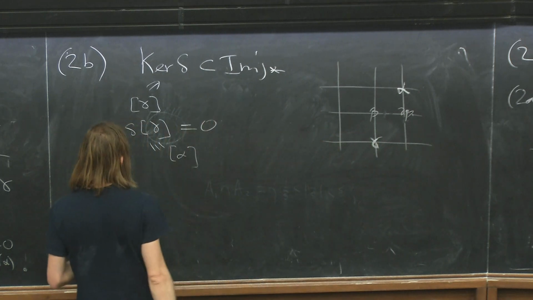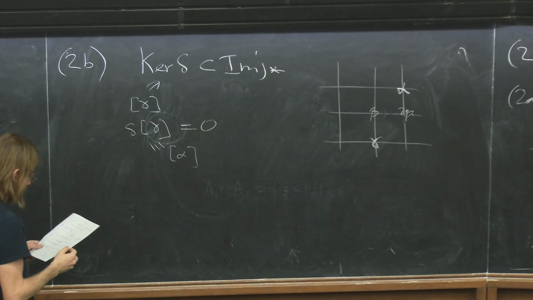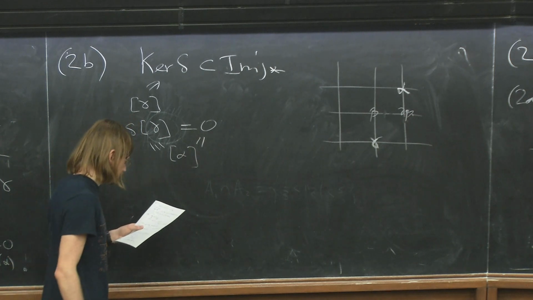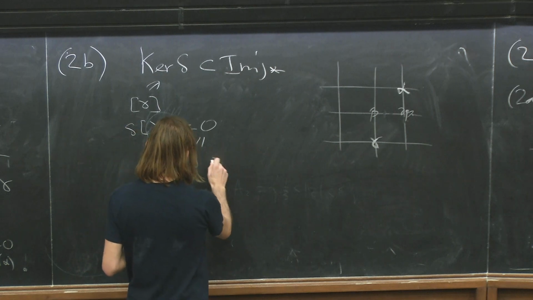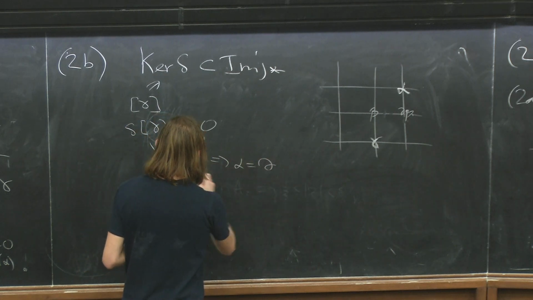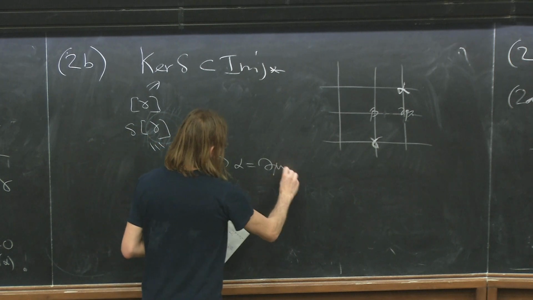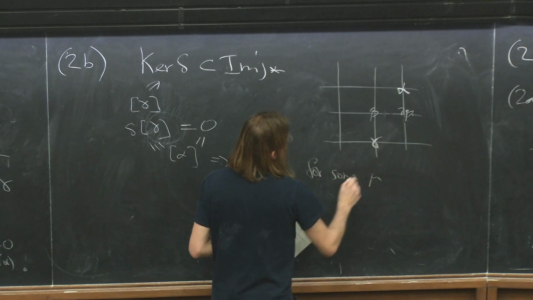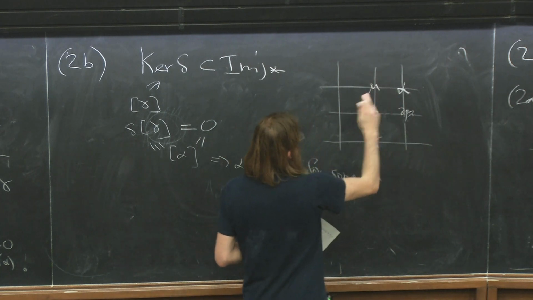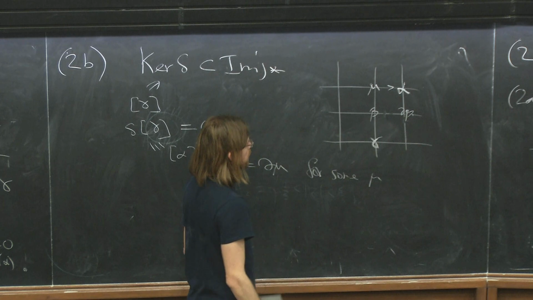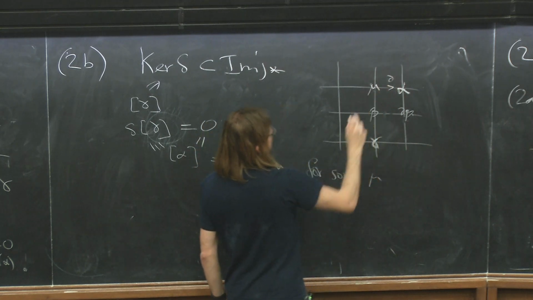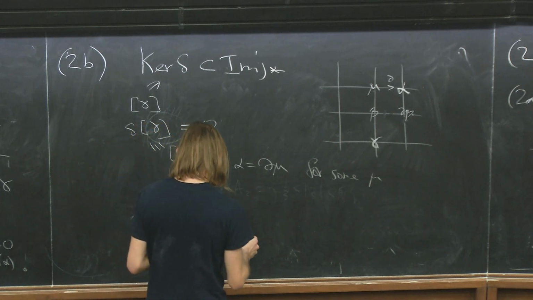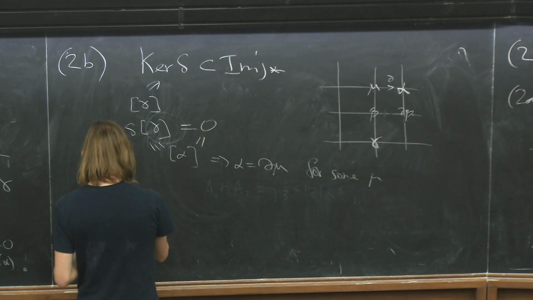But we know that this should be 0. The class of alpha should be 0. And this means that alpha is d of mu for some mu. This means there exists a preimage of alpha under the d map here at this place.